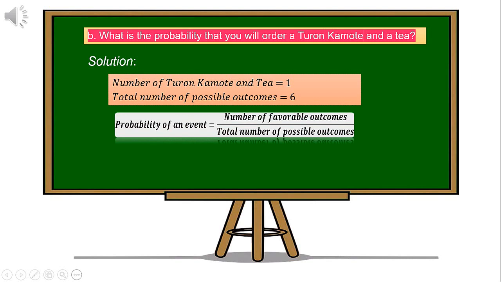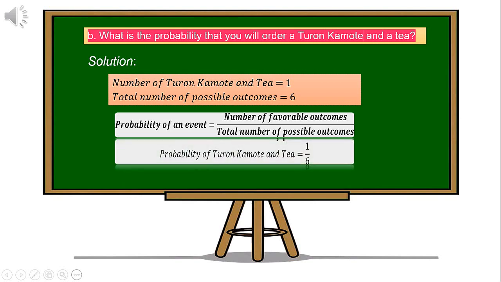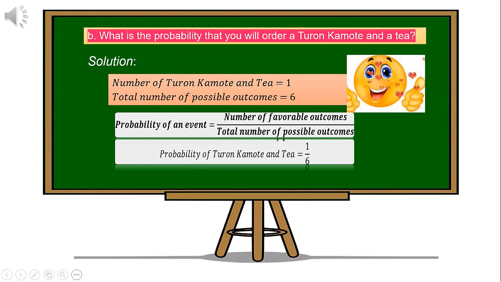Now, using this formula, the probability of an event is equal to number of favorable outcomes over the total number of possible outcomes. So we are going to substitute now this one to this formula. So the answer would be the probability of turon, kamote, and tea is equal to 1 over 6. Did you understand, children? Yes! Very good.